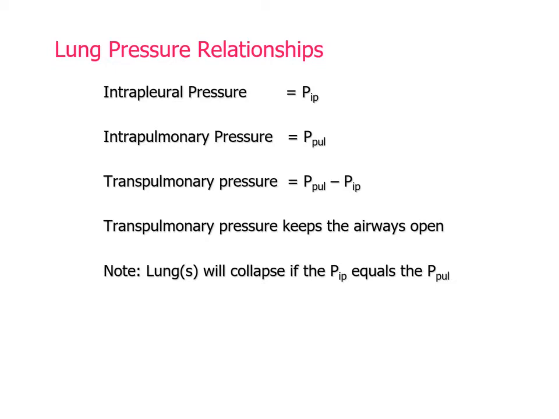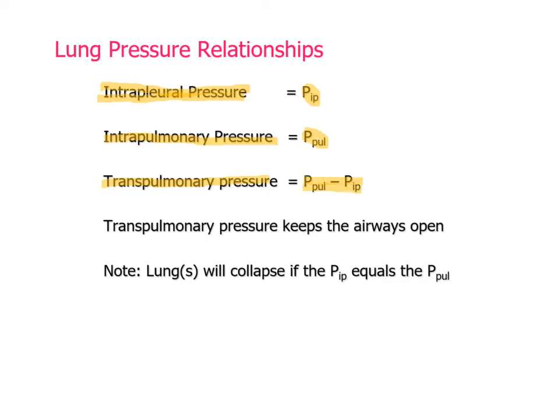Now, in terms of the different pressures in the respiratory system, the pressure in the intrapleural space is called the intrapleural pressure, and it is abbreviated P subscript IP. The intraalveolar or intrapulmonary pressure is P subscript PUL, and the transpulmonary pressure, the difference between the two, is shown here.